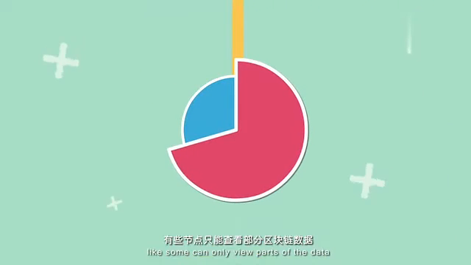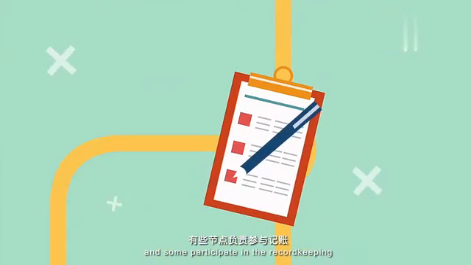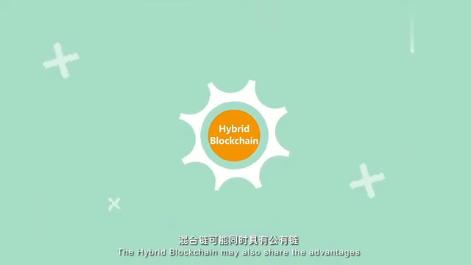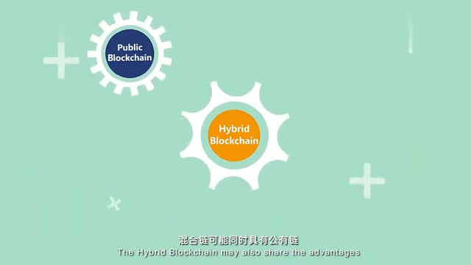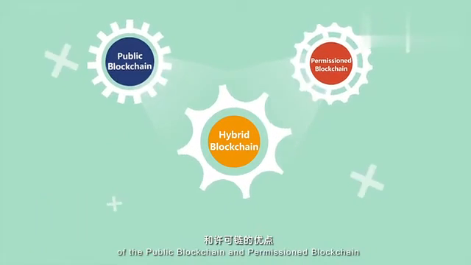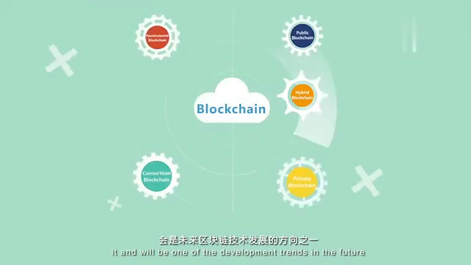Like some can only view parts of the data, some can download all of the data, and some participate in record keeping. The hybrid blockchain may also share the advantages of the public blockchain and the permissioned blockchain, but it is relatively difficult to develop and will be one of the development trends in the future.